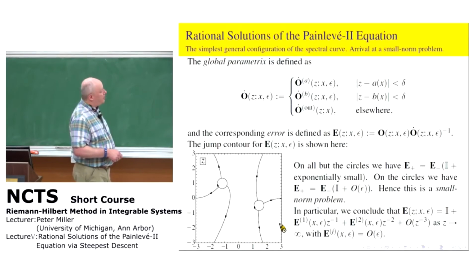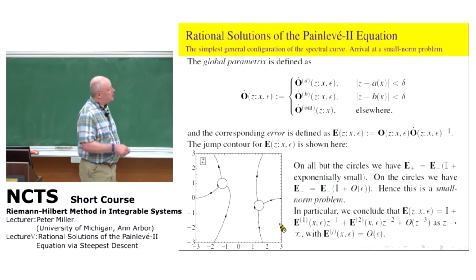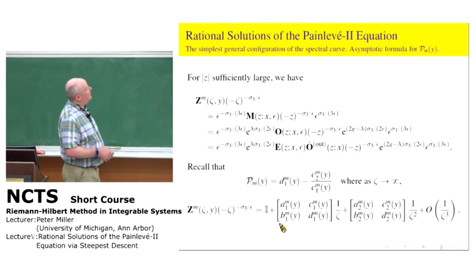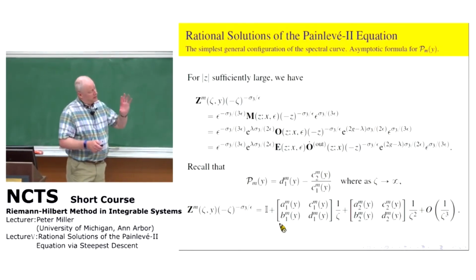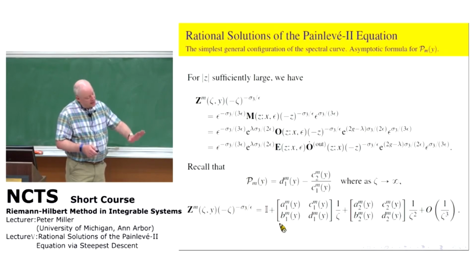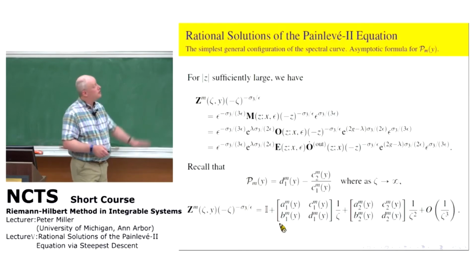And all of these matrix coefficients, E1, E2, and so on, are O of epsilon in size, okay? So what that means is that you now have the solution of the small norm problem about which you have estimates, and then that can be used to write explicitly what the original matrix M was by explicit substitutions.